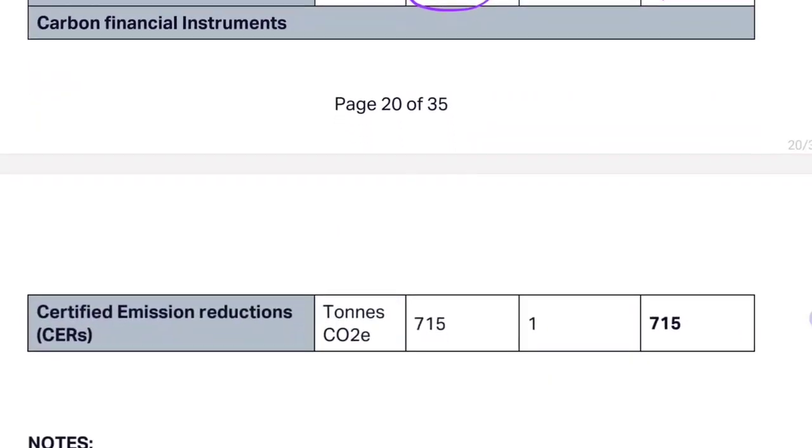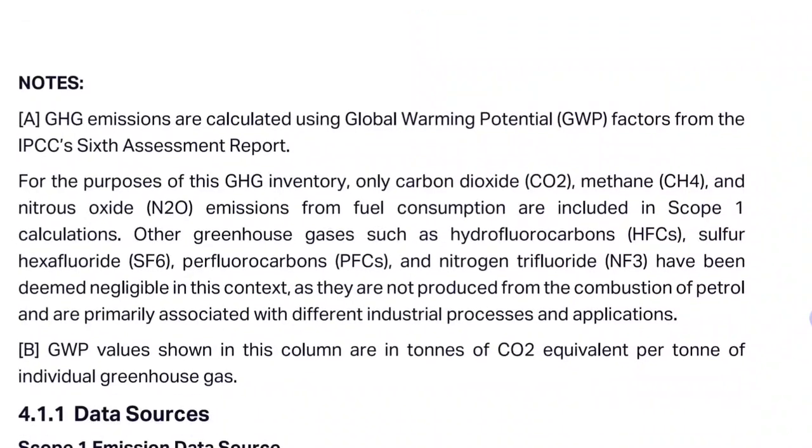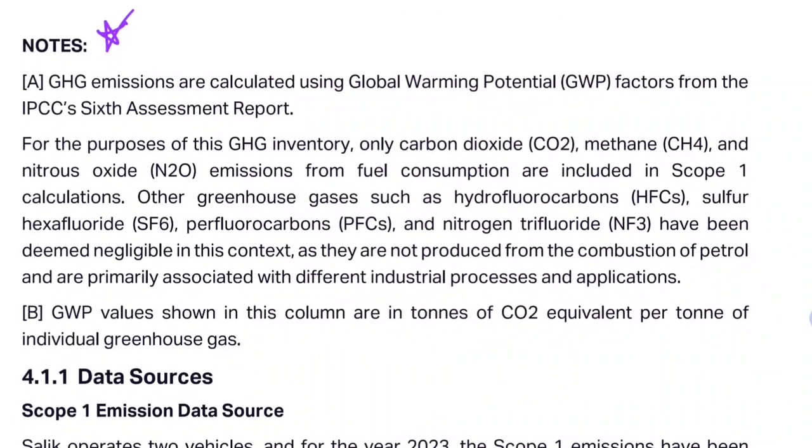Now carbon financial instruments, you see the certified emission reductions, 715, CERs. So there is a very important note here. We all students or learners should understand how the GHG emissions are calculated using GWP factor.